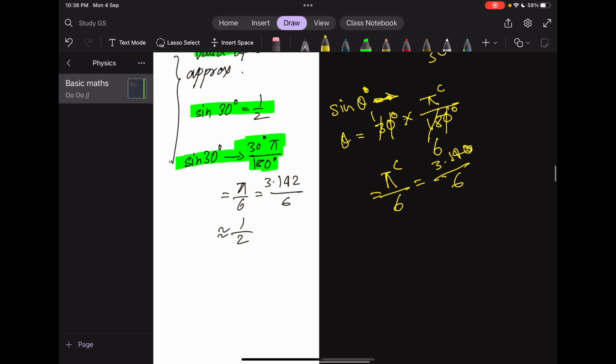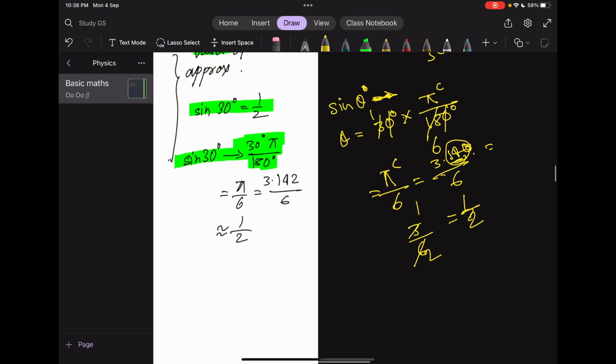So you can understand, let's say it's 3 by 6. If it is 3 by 6, then it's near to half, right? So it's 3.14, only 0.14 more than 3. So pi by 6 is very near to half.